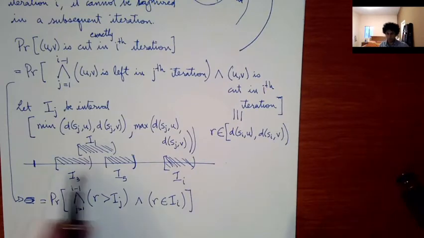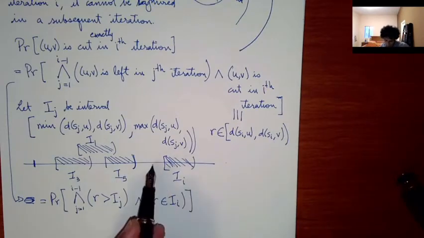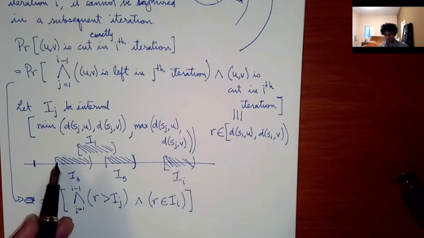Right? So, for example, in this picture, if R lies here, then it is greater than all of these intervals. And it would lie in here.